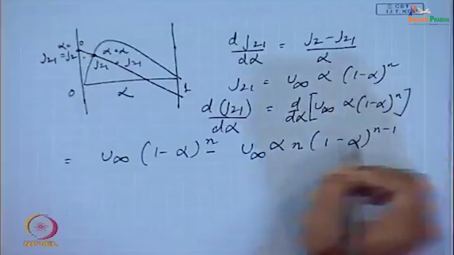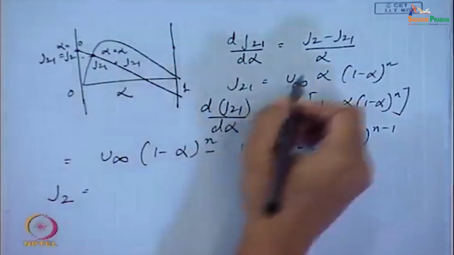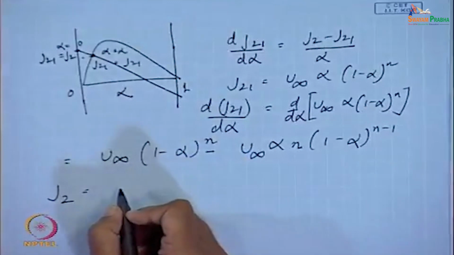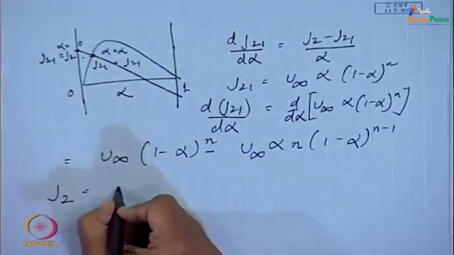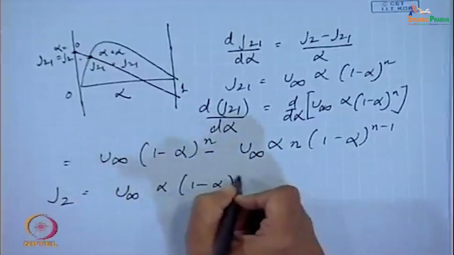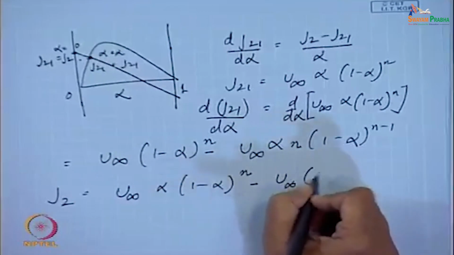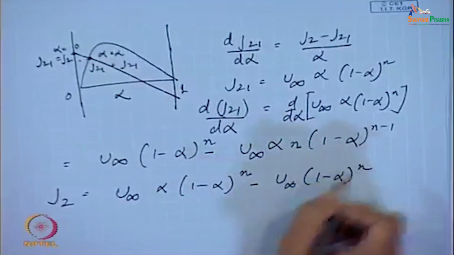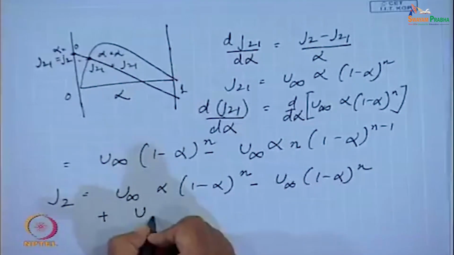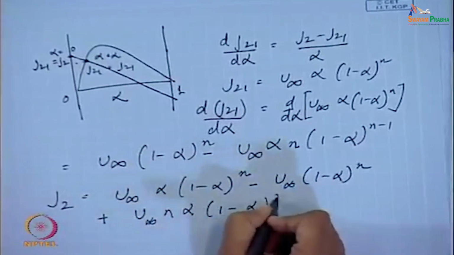Now, moment I have got this, if you substitute it here, then I get J2 equals u infinity alpha into (1 minus alpha) to the power n minus u infinity (1 minus alpha) to the power n plus u infinity. Any point if you do not understand, you tell me.